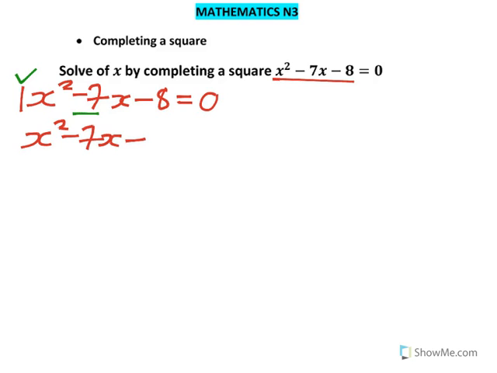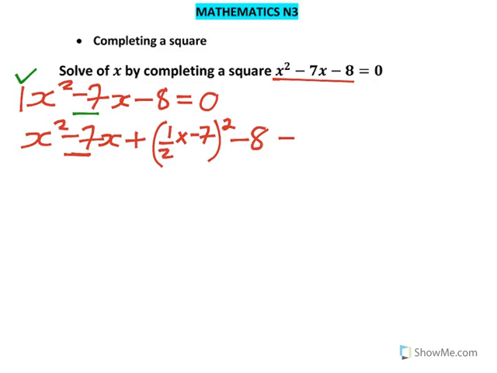And then I say plus half times the coefficient of x, which is times minus 7. I square half the coefficient of x, with its sign, and then I square. After that I say minus 8. Remember, I added it.